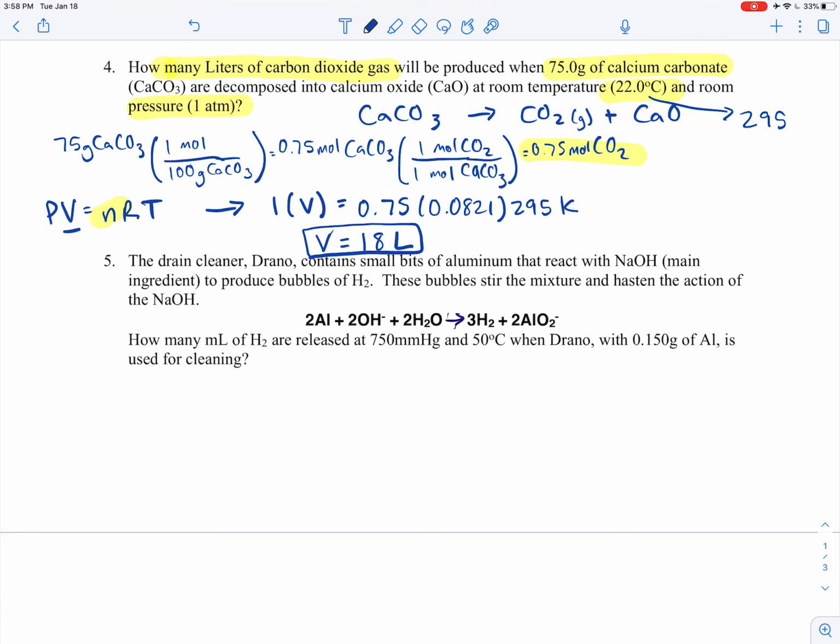So for number 5, for example, if they give you Celsius, you want to make that into Kelvin. If they give you millimeters of mercury, you want to convert that to atmospheres. So that's 1 atmosphere for every 760 millimeters of mercury.